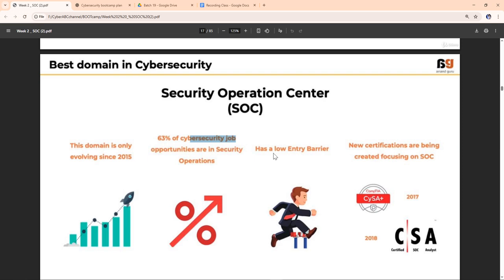It also currently has a low entry barrier, meaning with the right qualification, you could be taken up as an analyst, like level one, or intern. Some new certifications that are coming up are also very good. The one we advise our students to take is the ISC2, the first degree license, which is one of the cheapest actually.